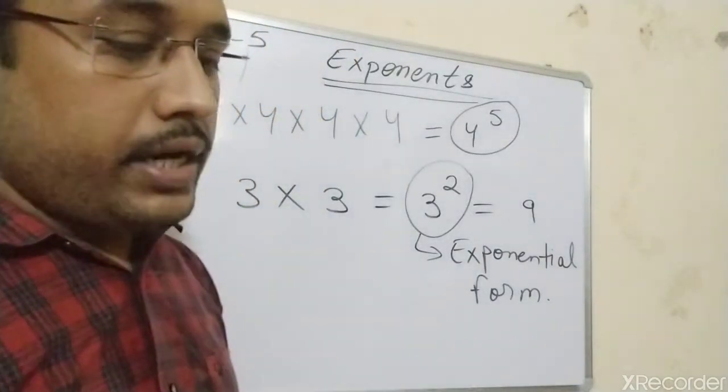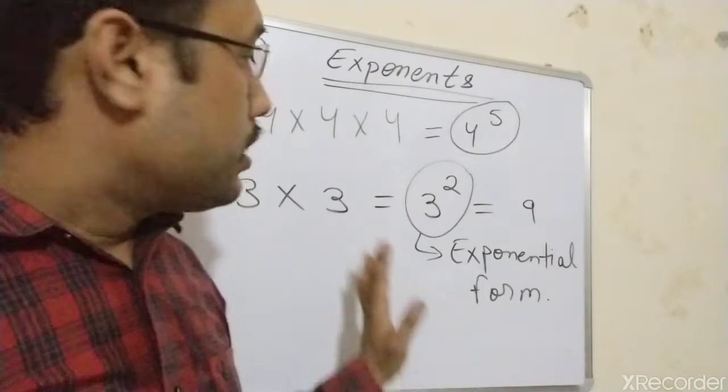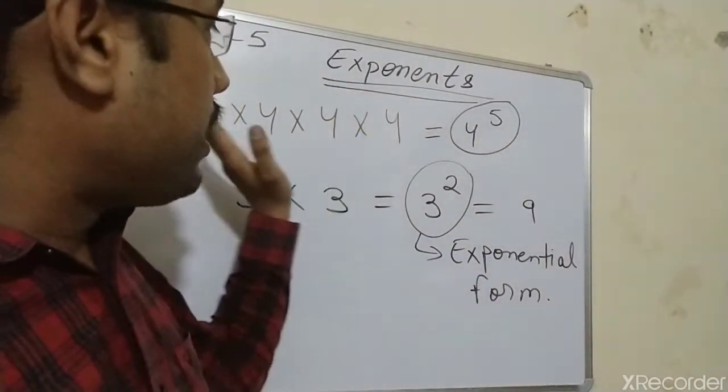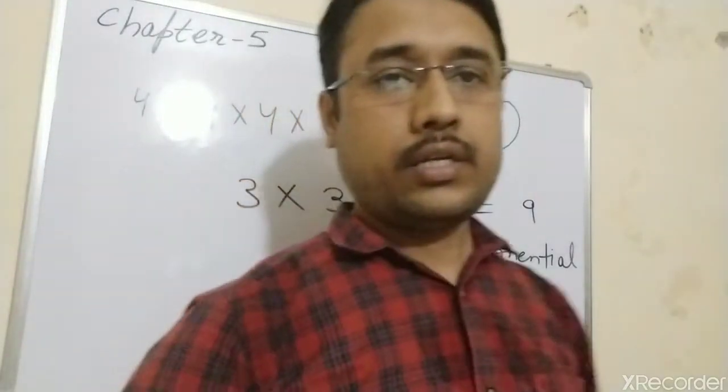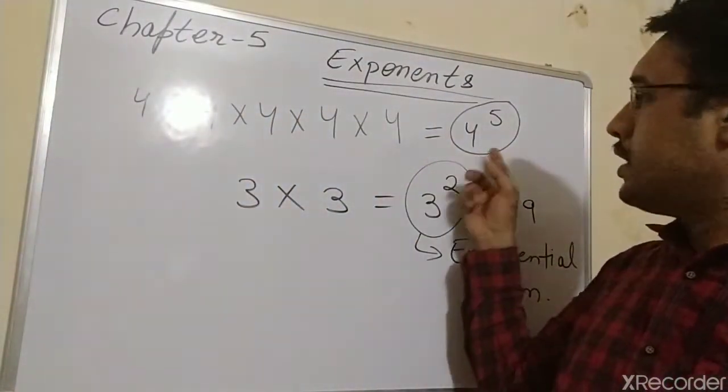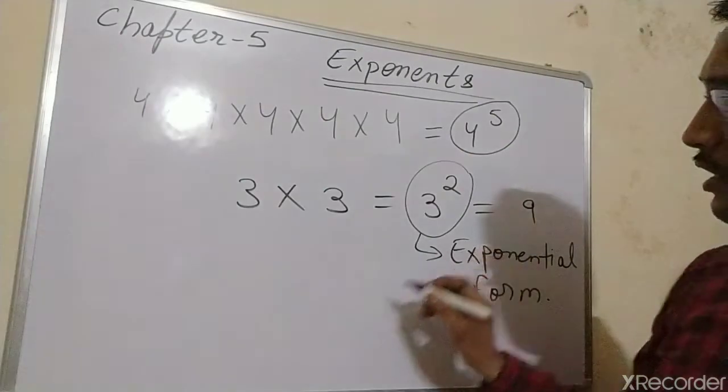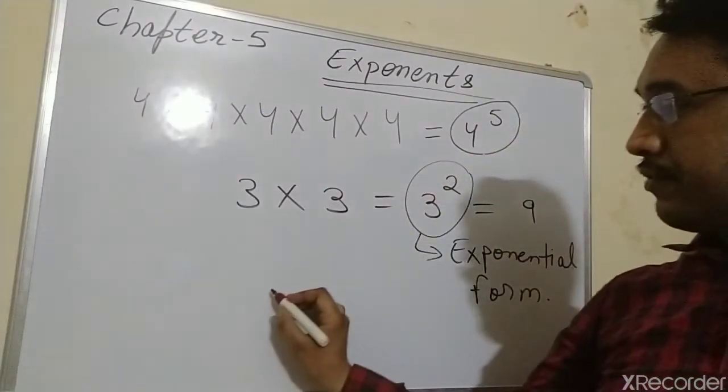Similarly we can multiply many numbers, but all the numbers should be the same here. Then only you can give the power. Here you can see I have written 4 to the power 5.